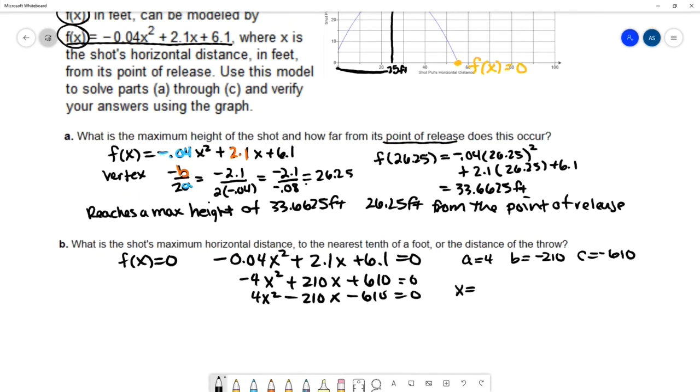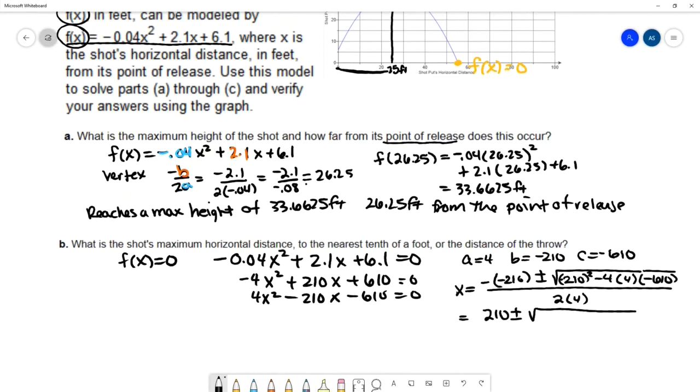So x equals negative b, that's 210, plus or minus the square root of negative 210 squared minus 4 times 4 times negative 610, all over 2 times 4. I need to know what 210 squared is.